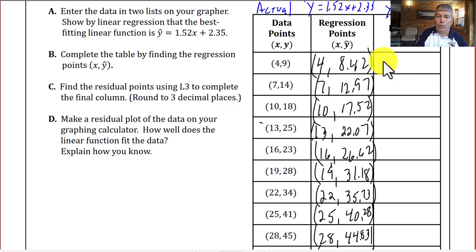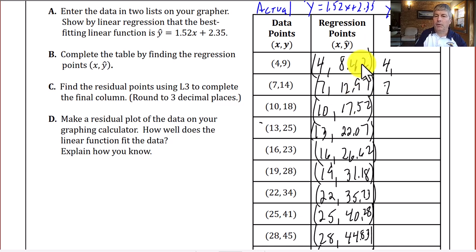All the x values on our residual points are going to stay the same, and then our y values will be like 9 minus 8.42 and 14 minus 12.97 and 18 minus 17.52. So those are the error, if you will.